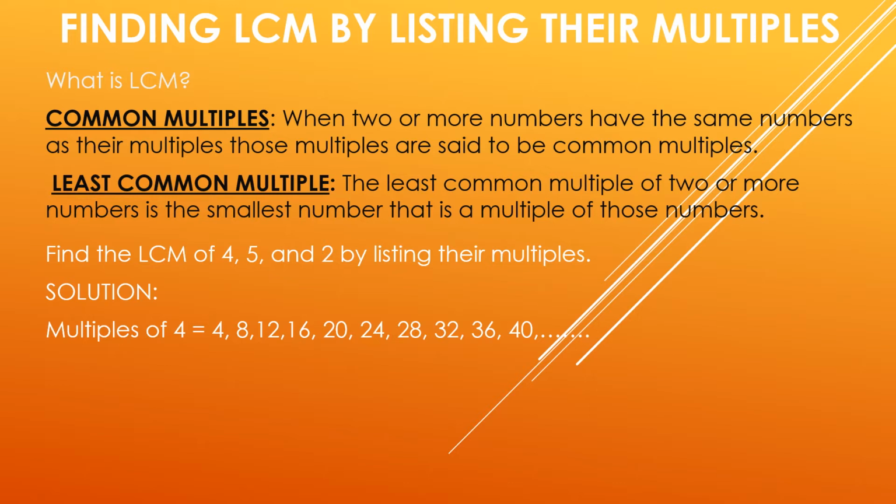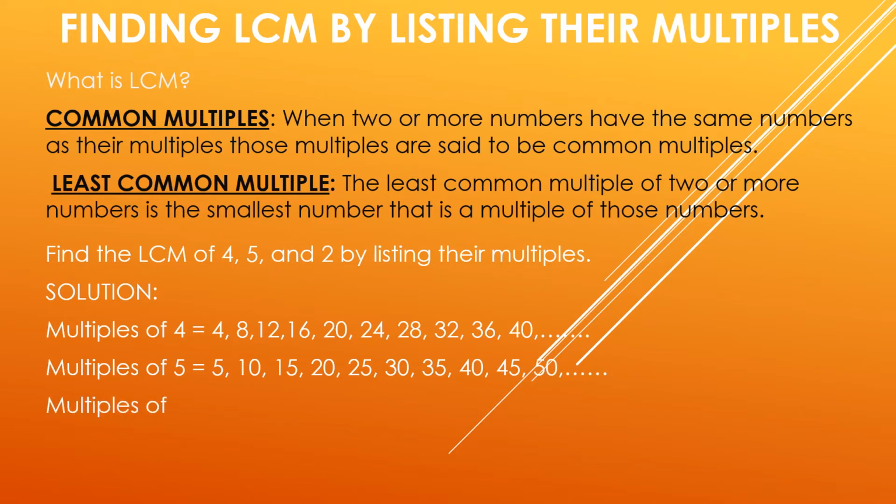Then we write multiples of 5. So the multiples of 5 are 5, 10, 15, 20, 25, 30, 35, 40, 45, 50 and so on. Then we write the multiples of 2. So the multiples of 2 are 2, 4, 6, 8, 10, 12, 14, 16, 18, 20 and so on.